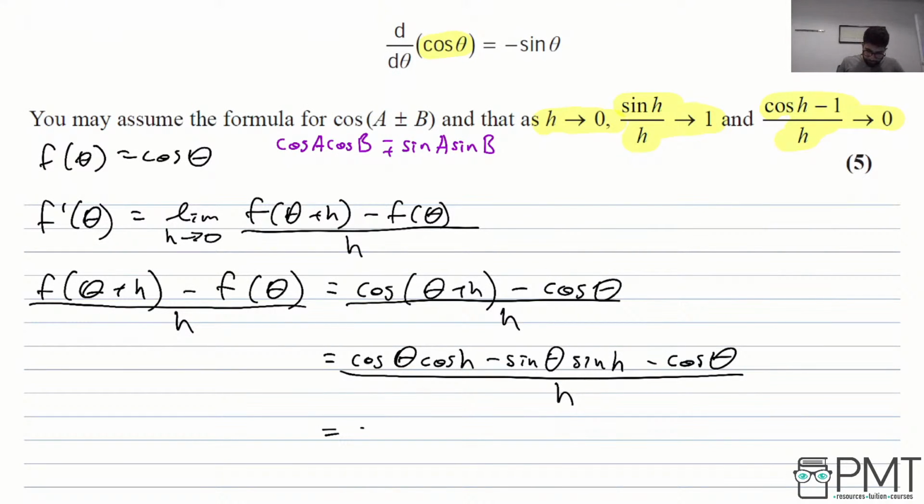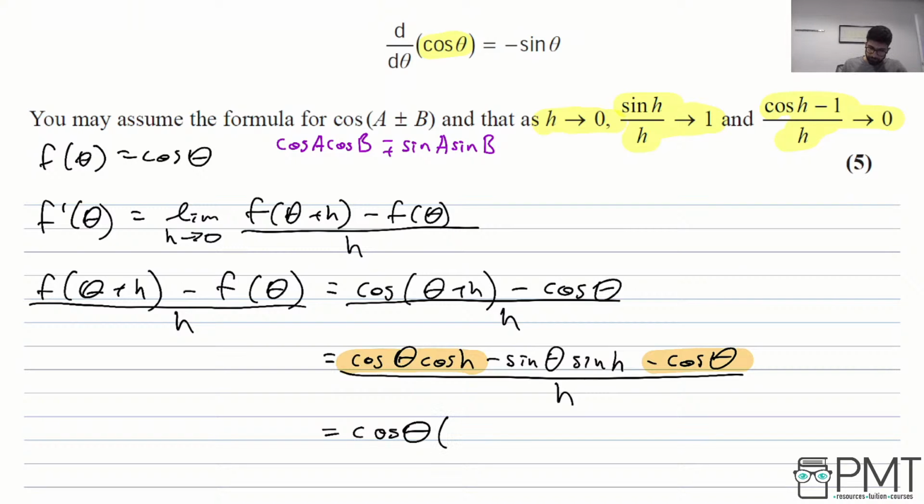We have got cos theta. So if you look at this one and that one, you can factorize a cos theta out.